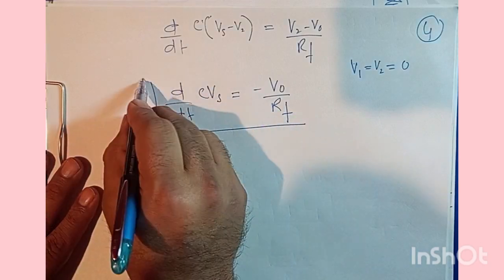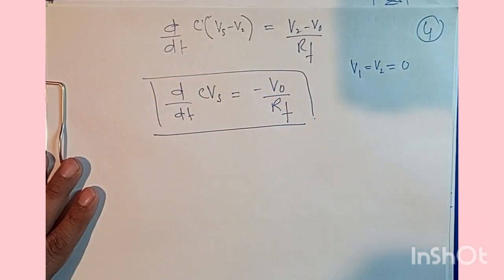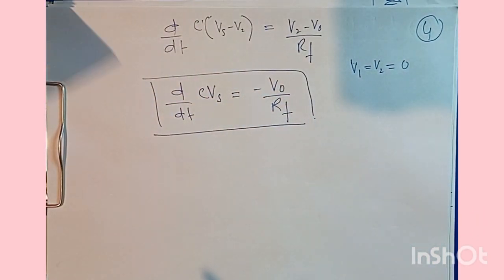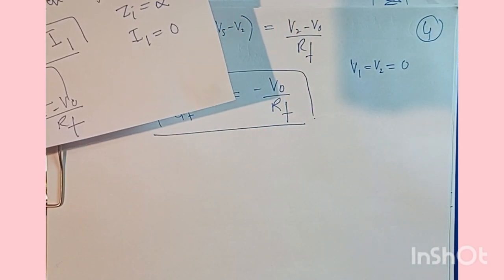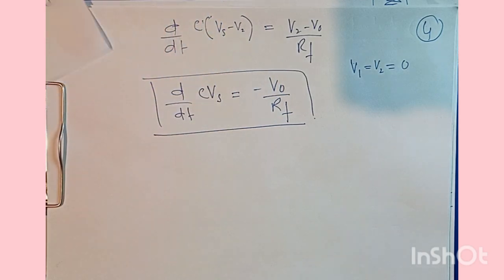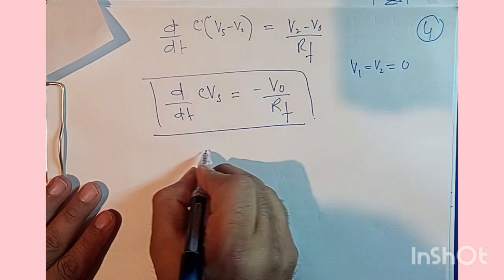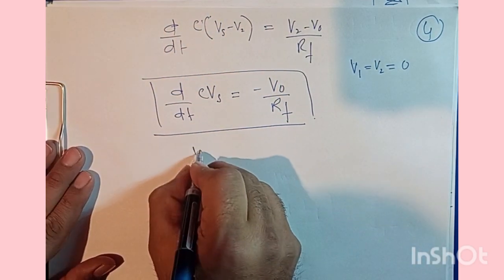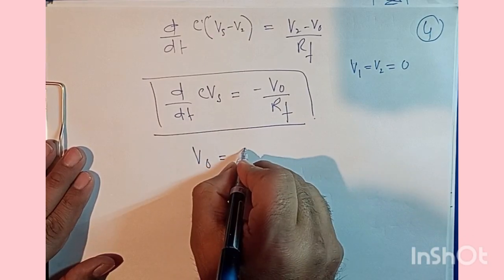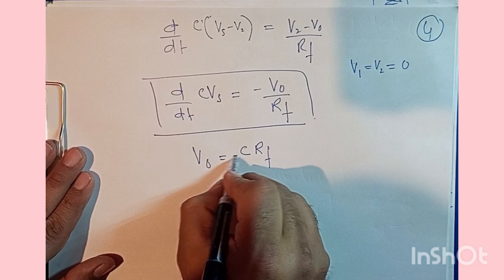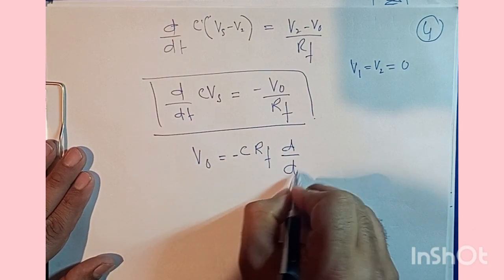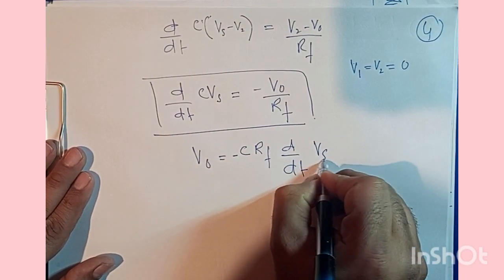So what's the aim basically? The aim is to have the output from this operational amplifier be a differentiated one. So I think the result is out here. We can write V out is C RF, with a negative sign, d upon dt of Vs.